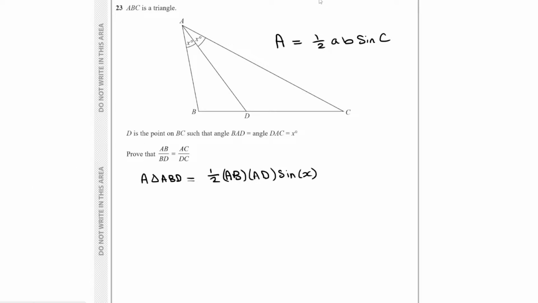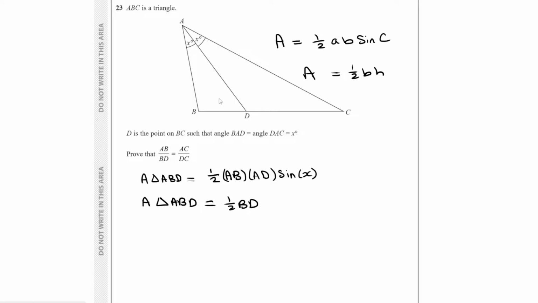So think about the other area of a triangle. Area of a triangle is half base times height or base times height over 2, just the normal one, right? In that case, for the same triangle, ABD, half, the base is BD, isn't it?